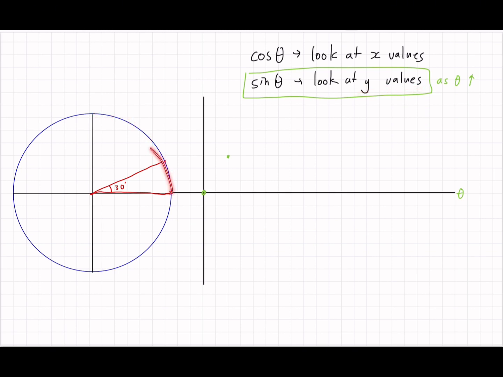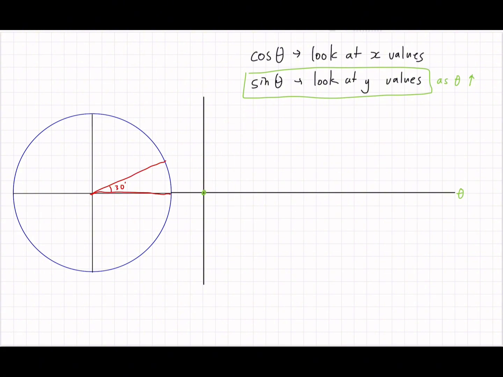So for this motion of the point, our sine theta, our y value, is going to increase like this, right? So that was the y values for this point, and this point, and this point. All of these values are going to be equal to this sine graph part that we're drawing right now.